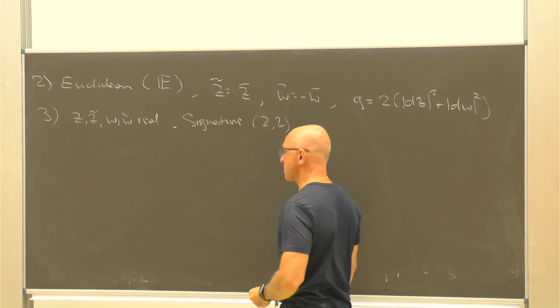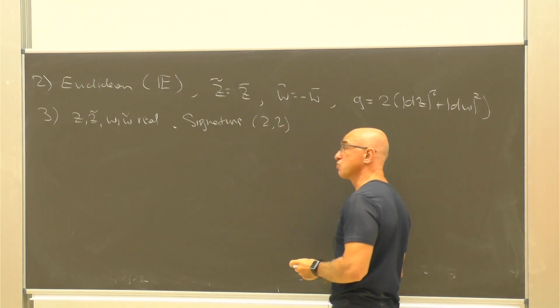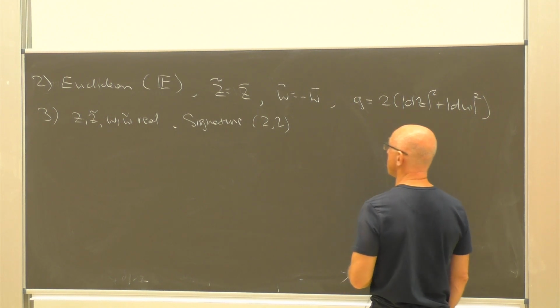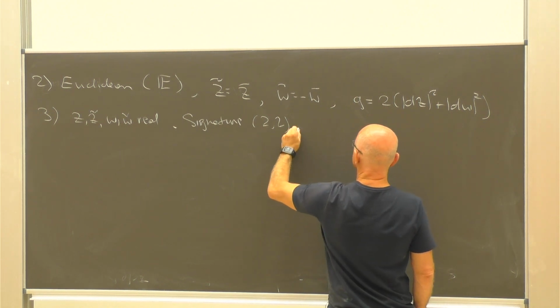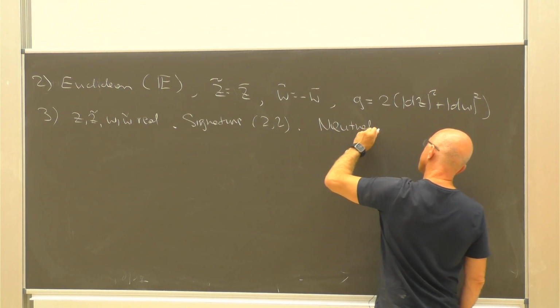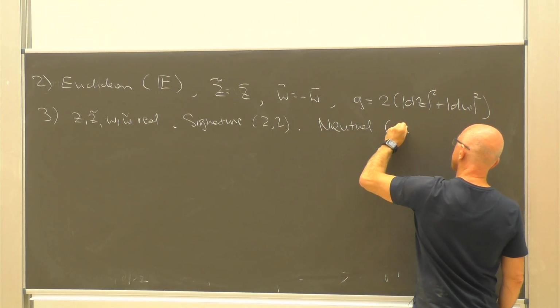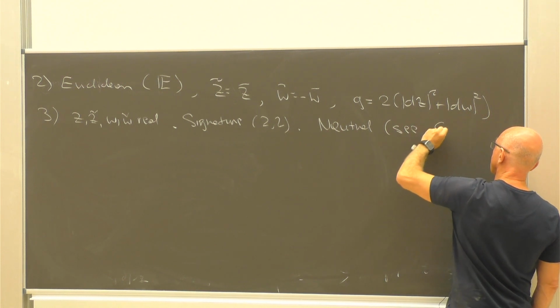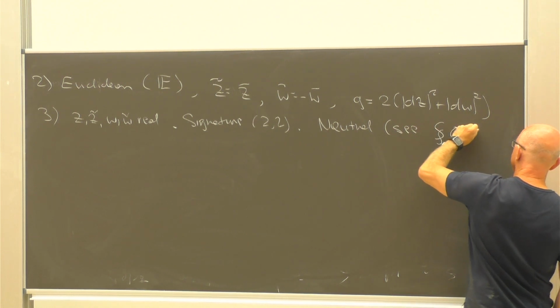Such spacetimes are called neutral or Kleinian or ultra-hyperbolic or whatnot. I call them neutral. And this is relevant to what we did in section 0 with the John transform.